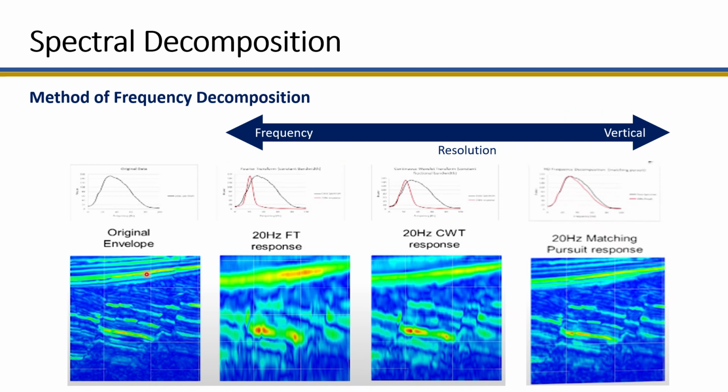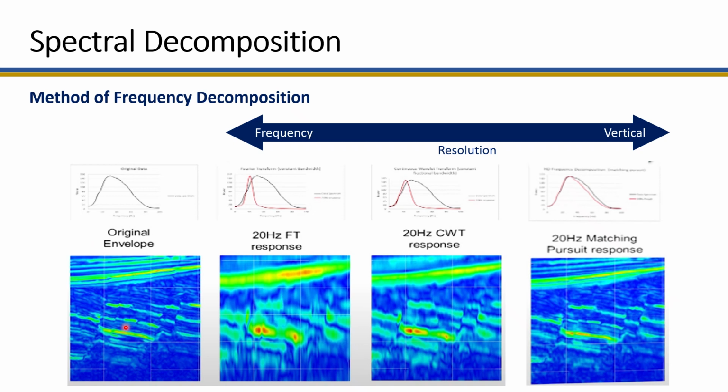On the very left-hand side, we have our original frequency spectrum and an inline showing the envelope response of the magnitude of the response. On the left, it is full frequency, so we are seeing all the frequency components, and we have very good layering coming through.